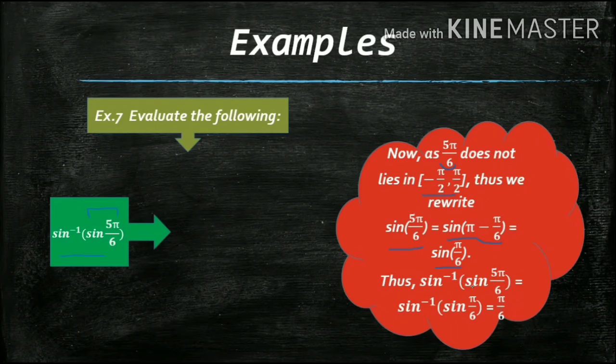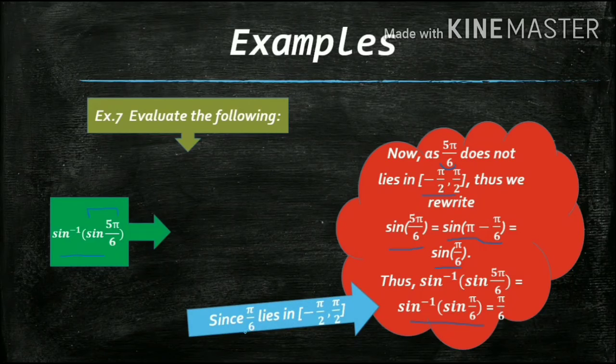So sine inverse of sine 5 pi by 6 can be written as sine inverse of sine pi by 6. Now I can use the self-adjusting property to say that its answer is pi by 6, because pi by 6 lies in this interval.